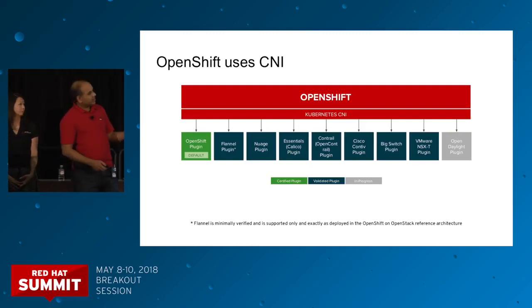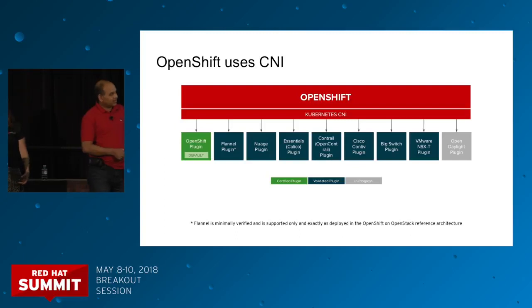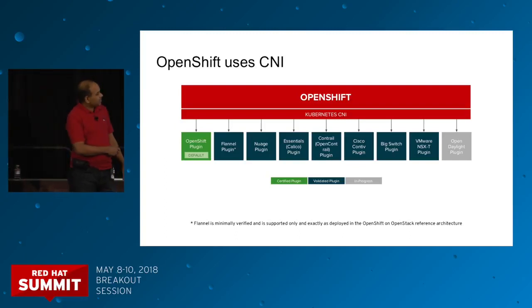However, in case you are interested in any other networking technology, we have a bunch of partners, and all the things that you see in blue here, like Flannel, Nuage, Calico, Contrail, Contiv, any of these things, right? These are all validated plugins, so you can remove OpenShift SDN and use the other plugins if you wanted to, right?